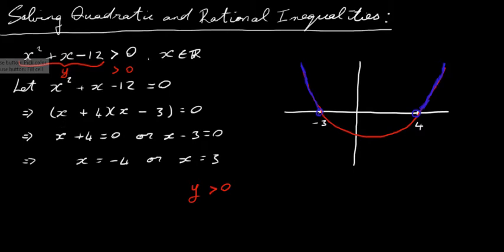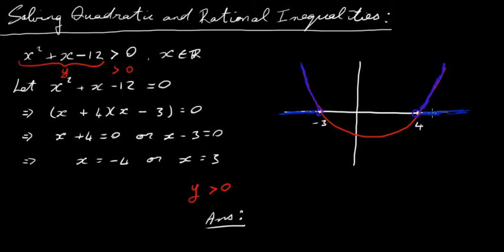So our final solution for this particular quadratic inequality will be these x values down along here and these x values up along here. Those particular x values will give us all of these positive y values.